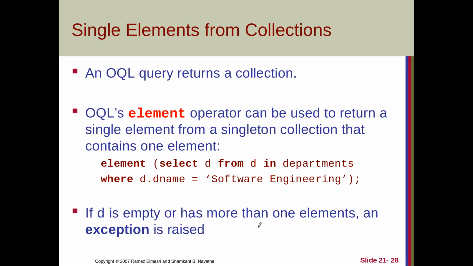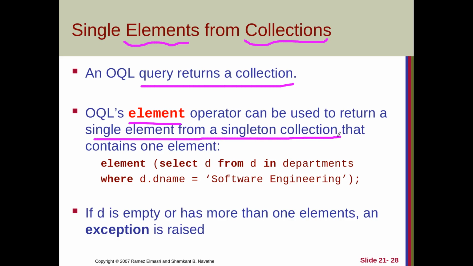Now next one is single elements from collections. How we can select a single element from collections where we have a group of elements present. An OQL query normally returns a collection. An element operator in OQL is used to return a single element from a singleton collection that contains one element.